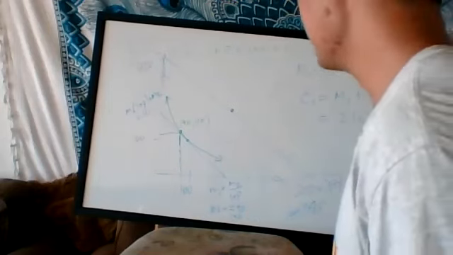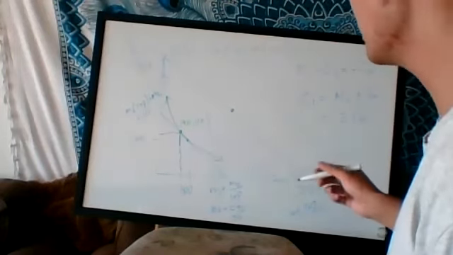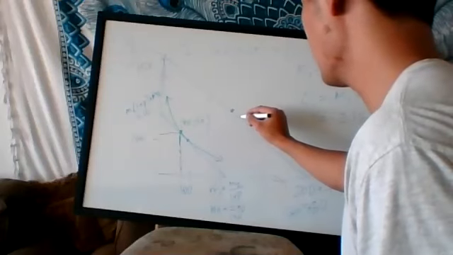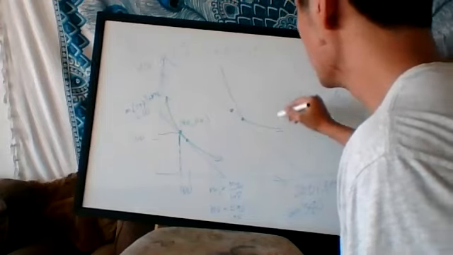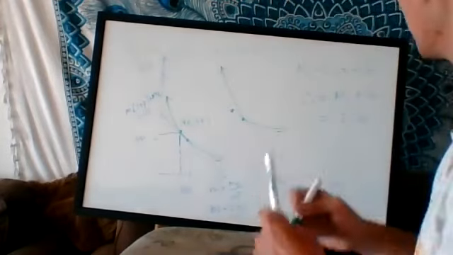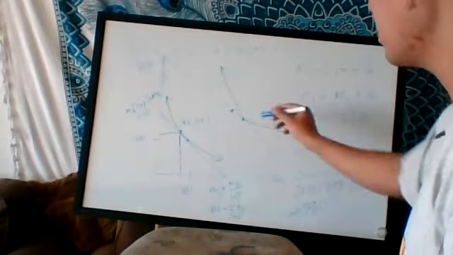So they're going to be around here. So you draw an indifference curve like that.